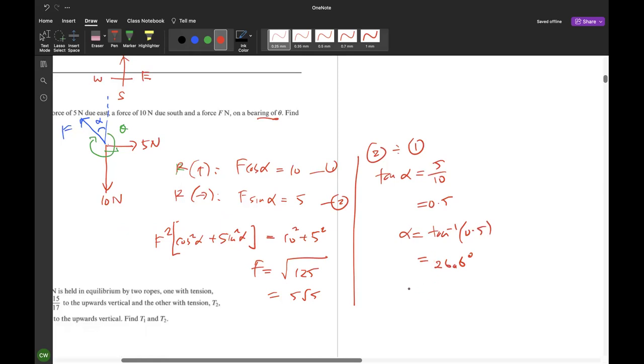So the bearing will be 360 minus 26.6. What is 360 minus 26.6? 333.4. Answer will be 333.4.